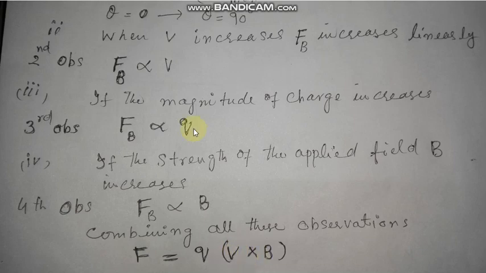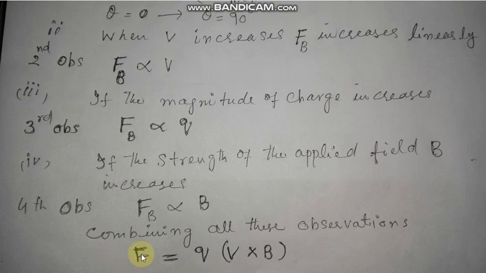Because when theta is equal to 0, the force is equal to 0, and if theta is equal to 90 degrees, then the force is maximum. Theta is the angle between v and B. So this cross product gives us the maximum result for theta equal to 90 and the minimum result for theta equal to 0. That is why we have taken the cross product of these two vectors.